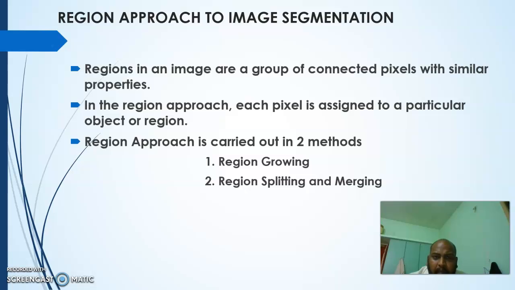First we want to see what is meant by a region. Regions in an image are groups of connected pixels with similar properties.